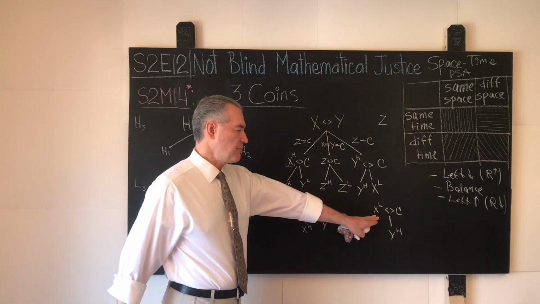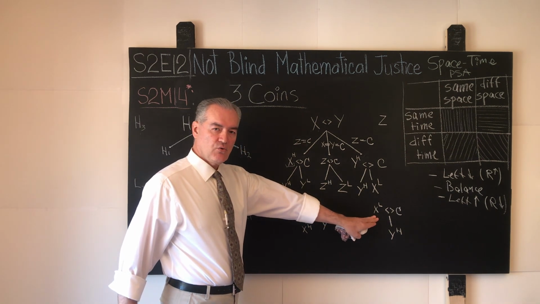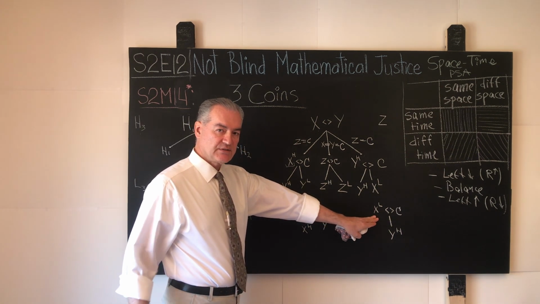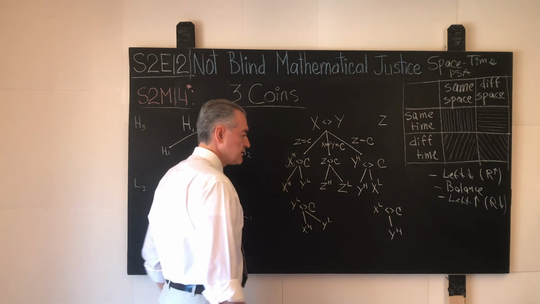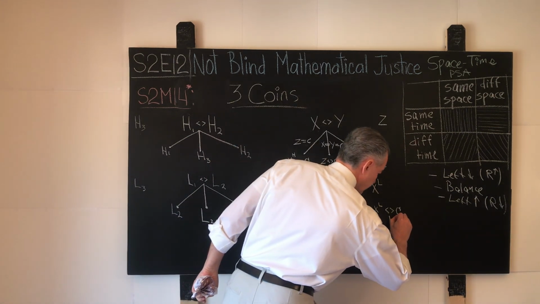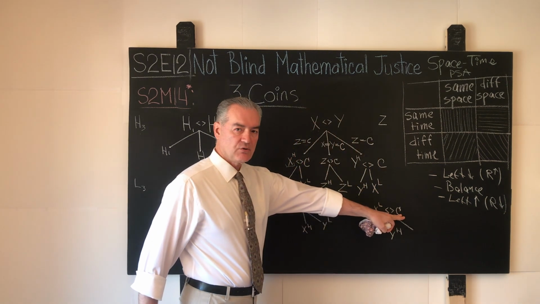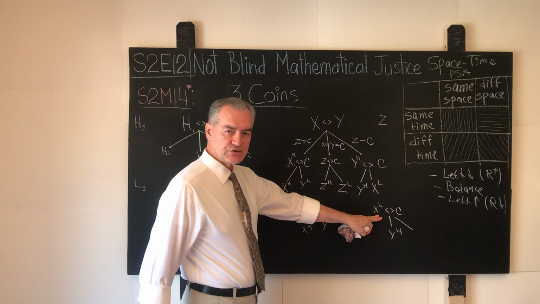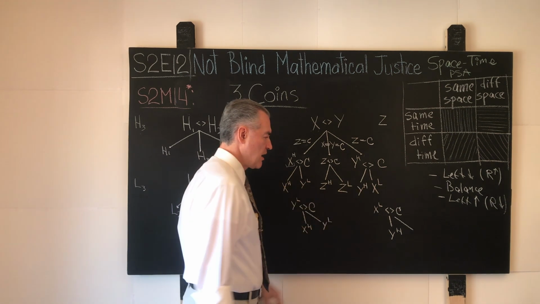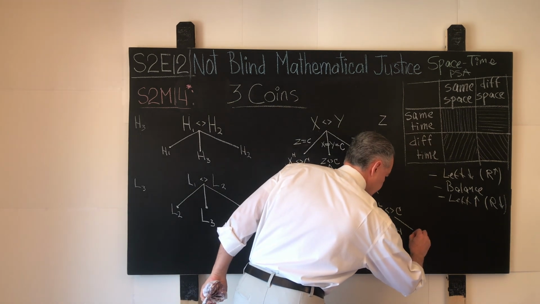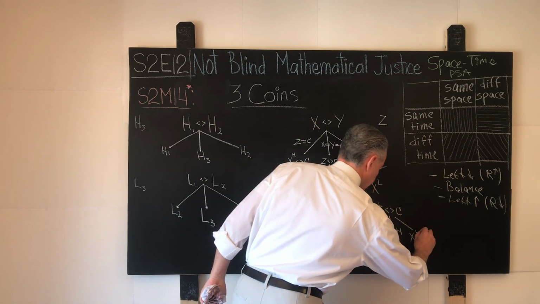And can the pan that contains the coin named XL go down in this case? Of course not, it cannot. Only the pan that contains the control coin can go down. That means that the pan that contains the coin named XL, the light suspect, will go up. And in this case, the fake coin is X and light.